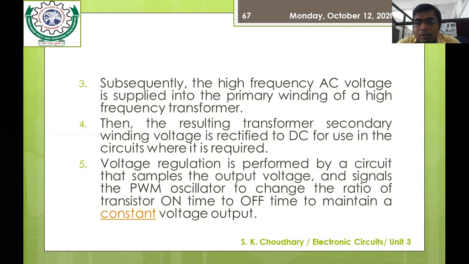And for conversion to DC, we have to use a rectifier or diode, a flyback diode, and then a filter circuit that consists of an inductor and capacitor.